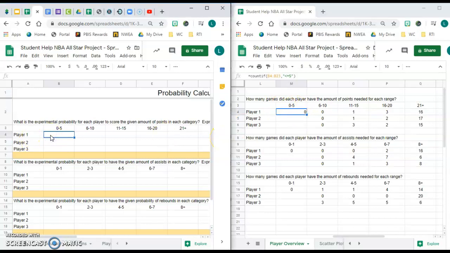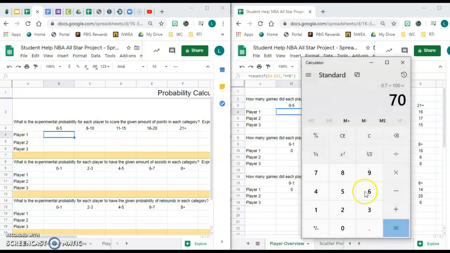So we're going to go to our probability calculator and get our actual calculator ready. We know that 0 divided by 20, because there are 20 games total that we're looking at, and then we multiply by 100, and we get 0. So 0% of the time he is scoring between 0 and 5 points.